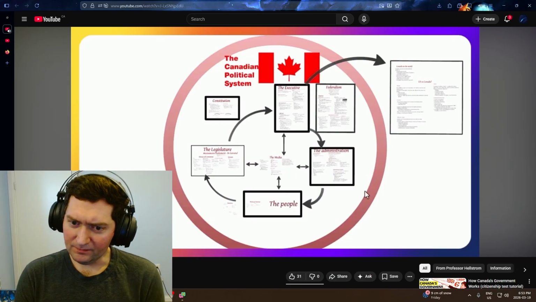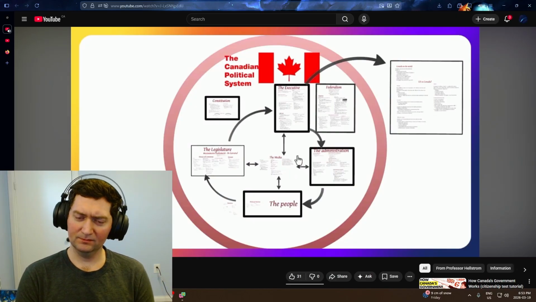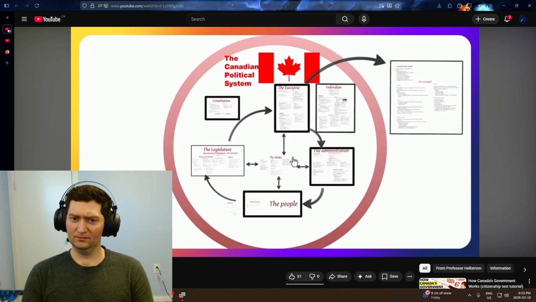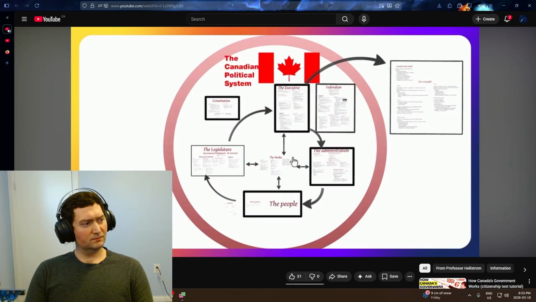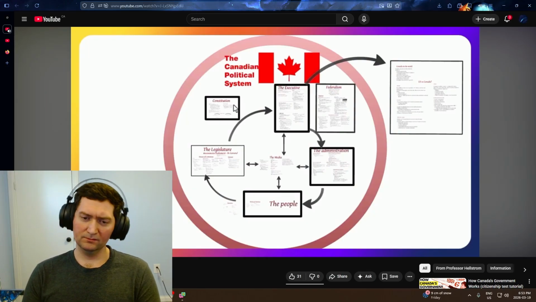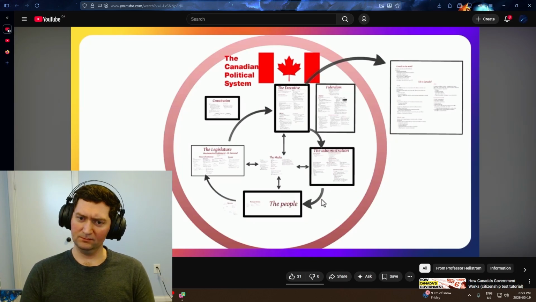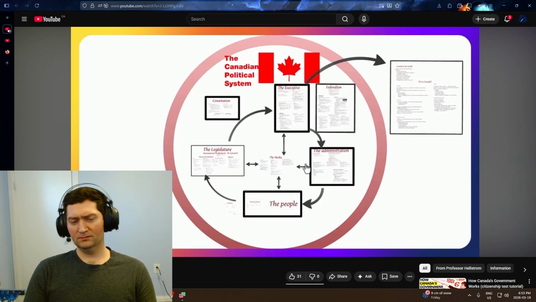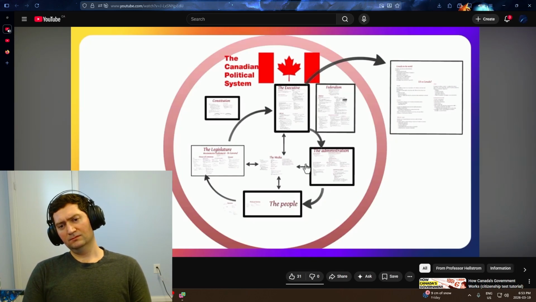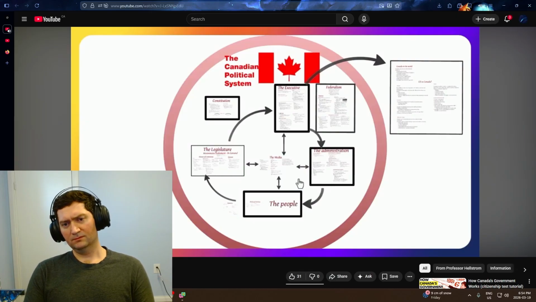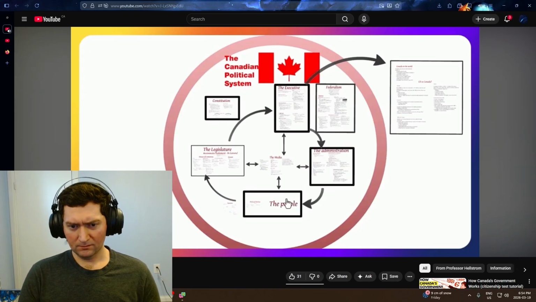Now I'm going to just start and go over each of these pieces with a quick overview and some comments on how each of these institutions relate to each other. And this is, of course, very much informed by this entire map. And this way of thinking about politics is very much informed by systems theory. It's a very typical map in that sense, where we have at the bottom here the people.